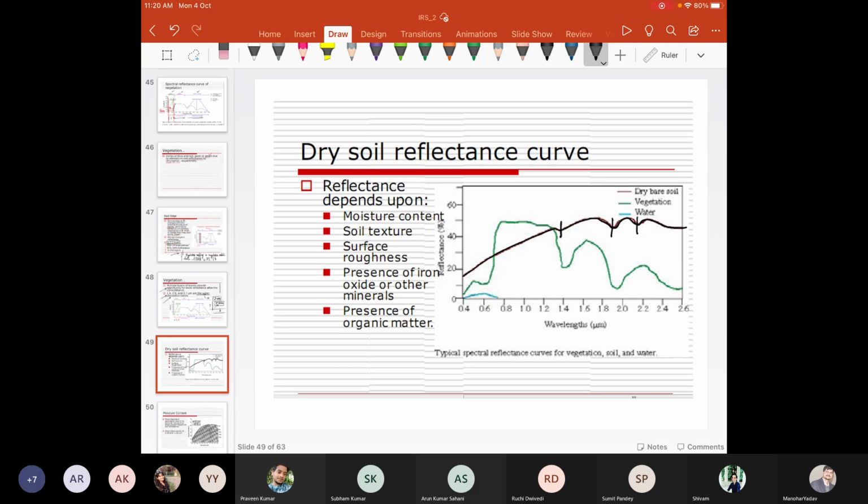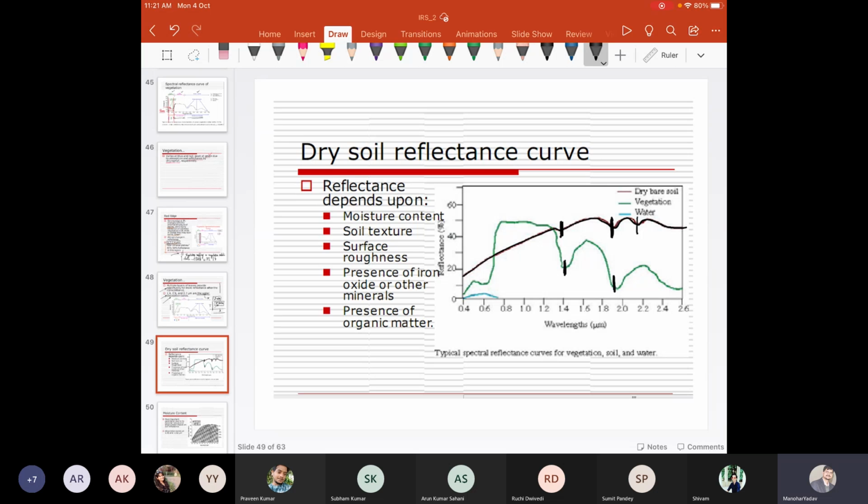This valley nearly matches the wavelength at which we get a valley for vegetation. It's around 1.9 micrometer. Similarly over here, it is 1.4 micrometer.